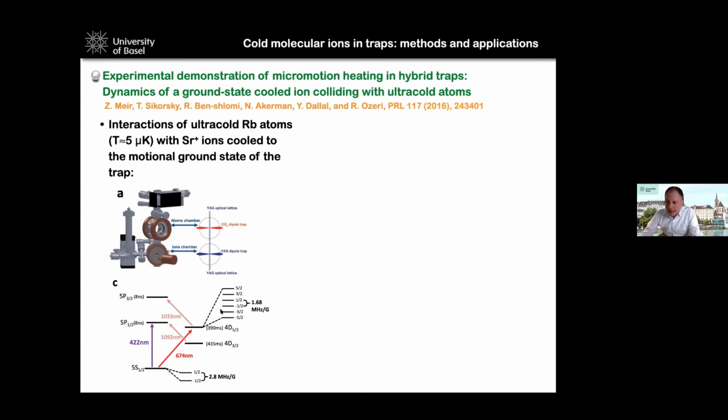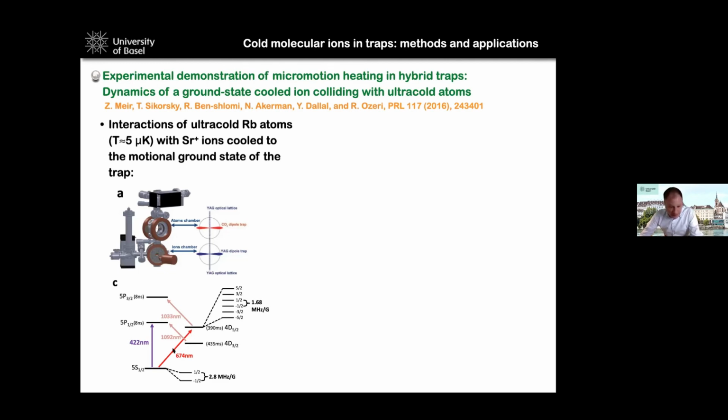So essentially the same type of thermometry technique that I was also already explaining in my first lecture, which, for instance, we used in our own group for measuring coherent motion excitation of calcium-nitrogen ion strings.